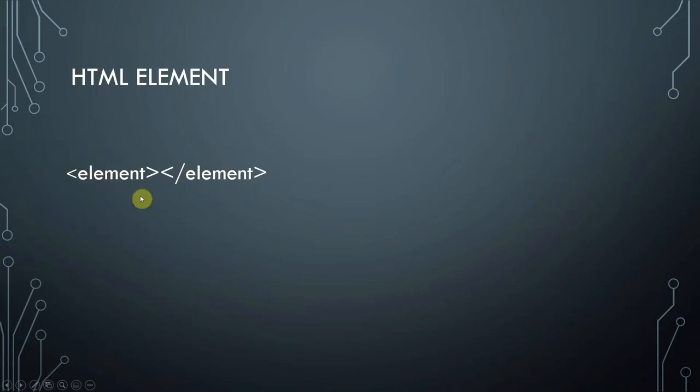So this is actually a tag, opening tag and a closing tag. The opening tag has a less than sign, name, and then greater than sign. And the closing tag has the same thing, except it has a slash at the start, like over here, you see? So that's a HTML element.